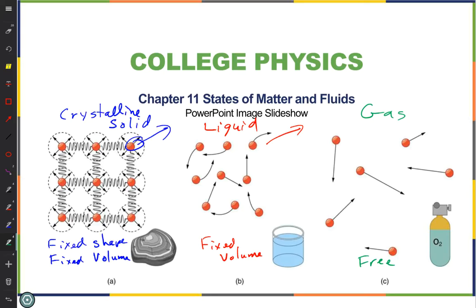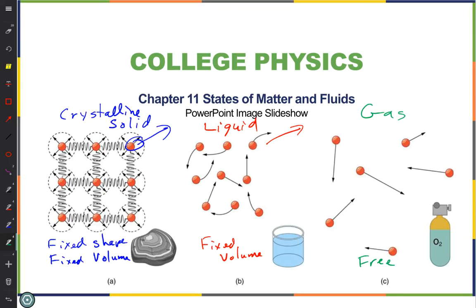And they just fly freely until they hit something, and then they bounce off of it. And so that's what's going on with a gas, and because it's free, it will just fill its container. So if I had just one molecule in this room, I would say that molecule fills the room. Its volume isn't equal to the room, that molecule isn't. But the gas is because it moves around and will cover the entire volume of the room over time.